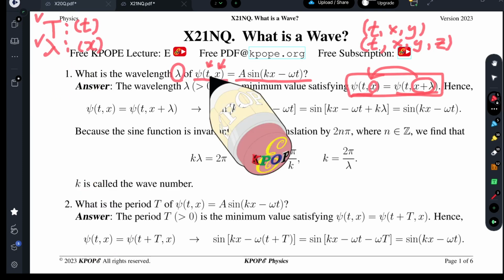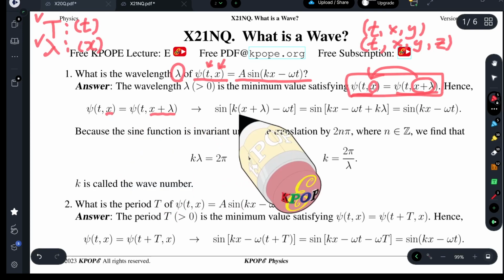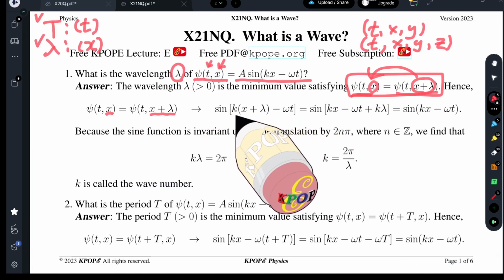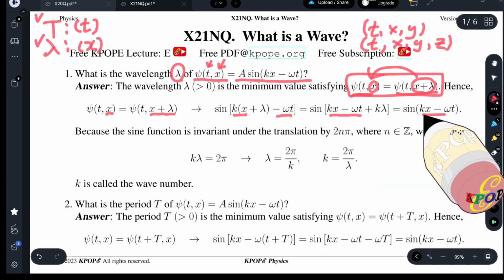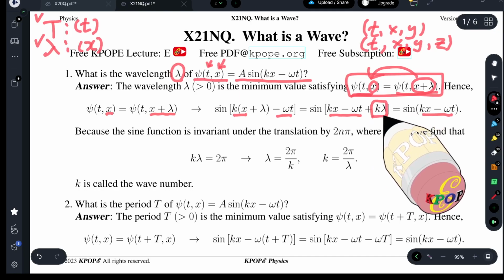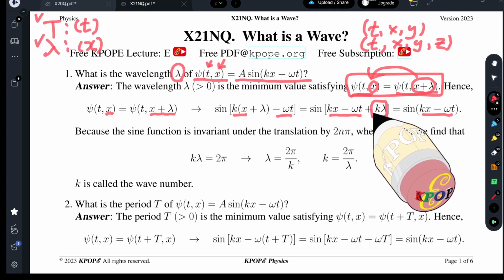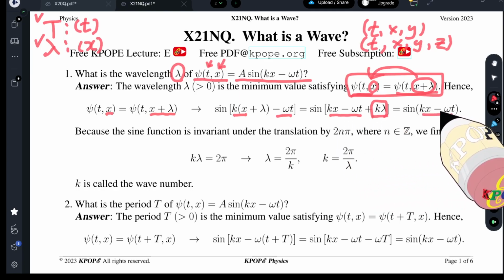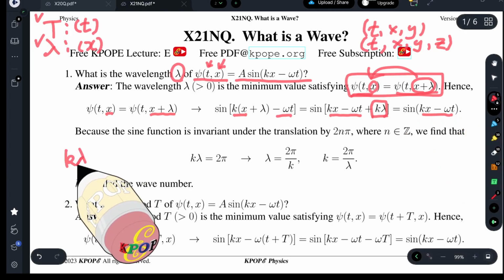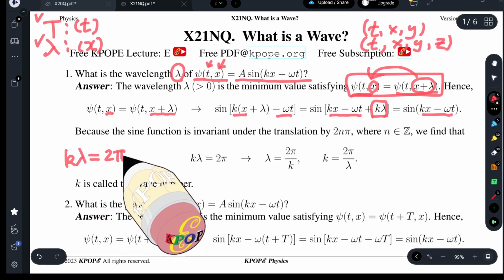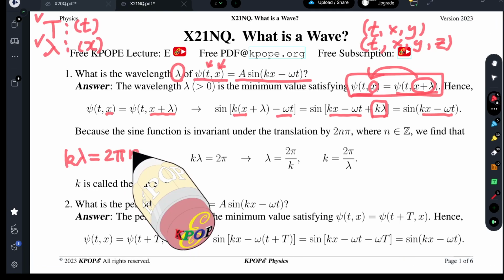Now substitute x plus lambda for x. Then kx minus omega t is translated by k lambda. We expect these two to be identical only if k lambda is a multiple of 2 pi, 2 pi n, where n is an arbitrary integer.